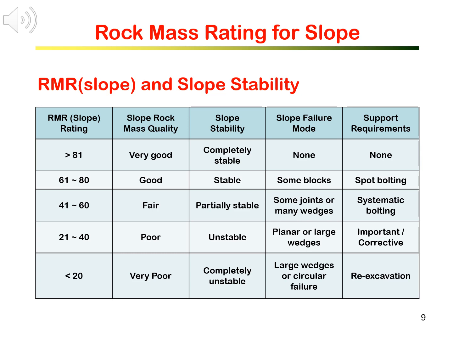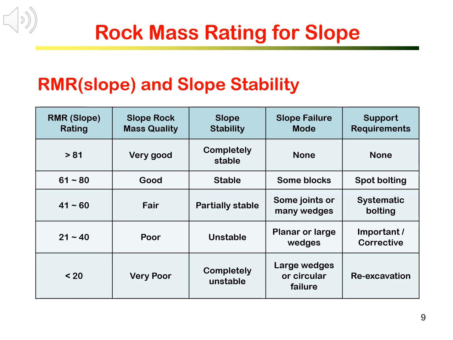If IMR slope is between 41 and 60, the rock mass of the slope is of fair quality. The slope will be partially stable. The slope fails along some joints. Blocks and wedges will slide, and systematic bolting will be required.